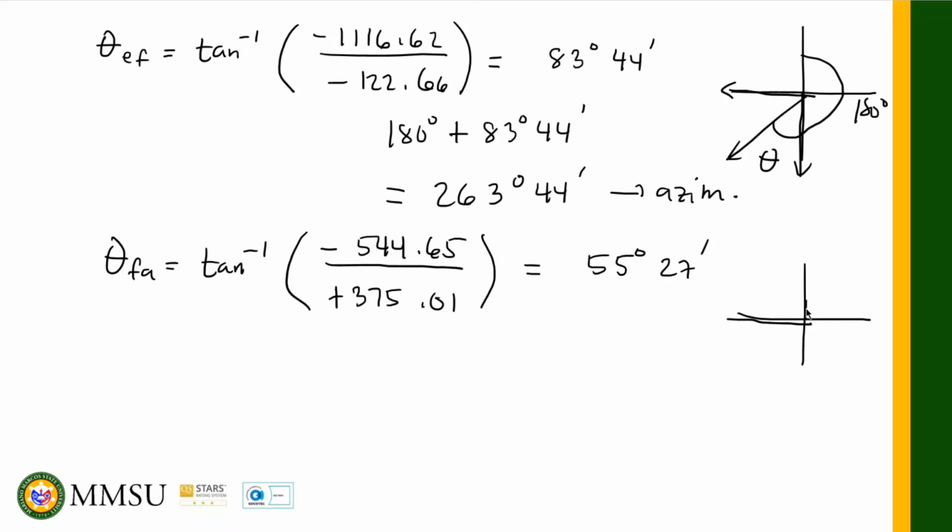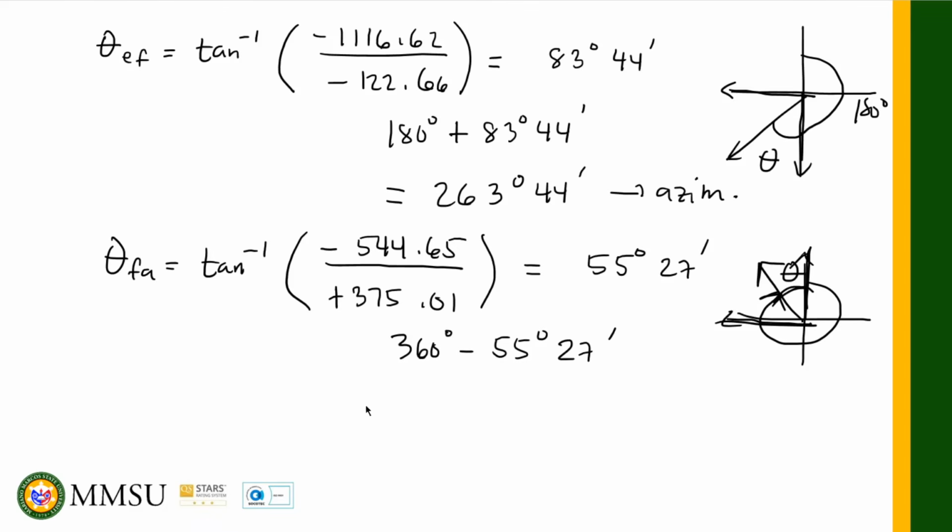Negative departure, positive yung latitude. So nandito siya sa quadrant na to. And this angle is always from your vertical. So nandyan yung theta. So to come up with the azimuth, i-minus natin yung theta na yan from 360 degrees. Okay? So 360 degrees minus this theta, 55 degrees, 27 minutes.